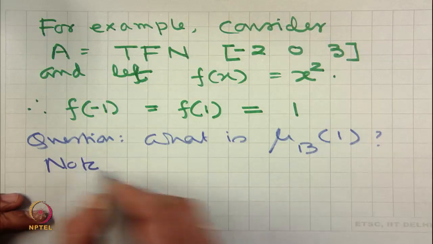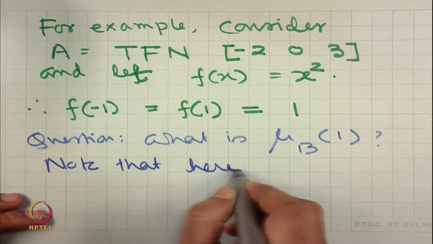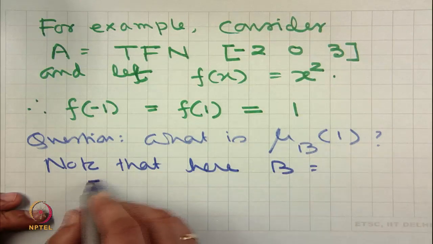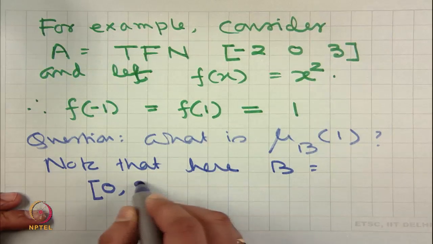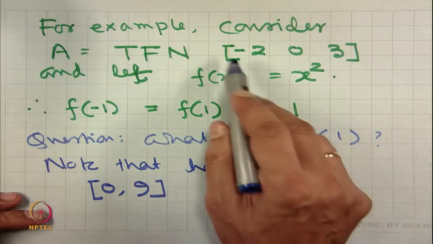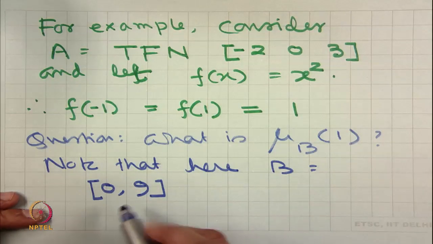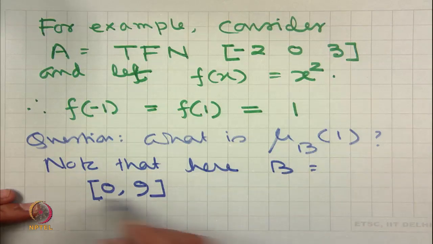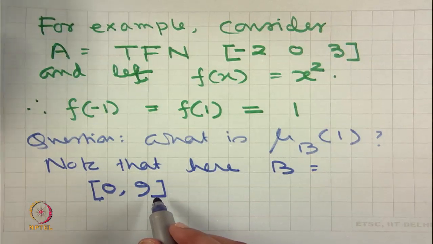Note that here b is equal to the interval 0 to 9, because if my input is from the interval minus 2, 0, 3, then the value of x square will lie in the interval 0 to 9.